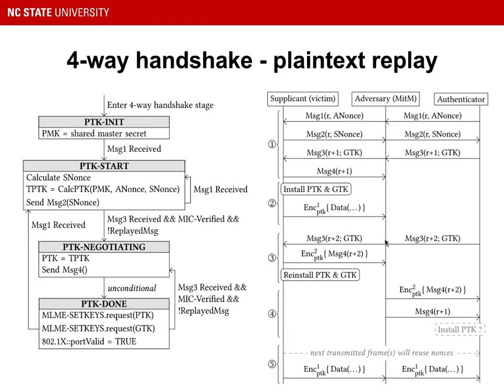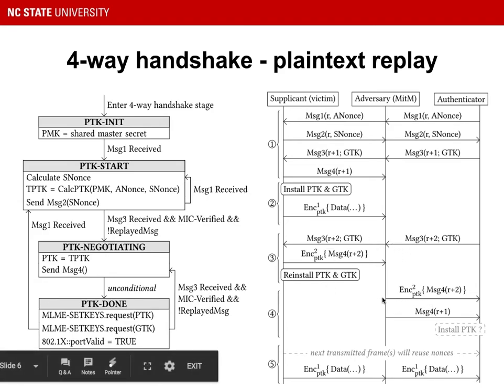Note that by holding message 3 at this point, holding it for a certain amount of time before releasing it, the attacker can control the amount of nonce that is going to be reused.